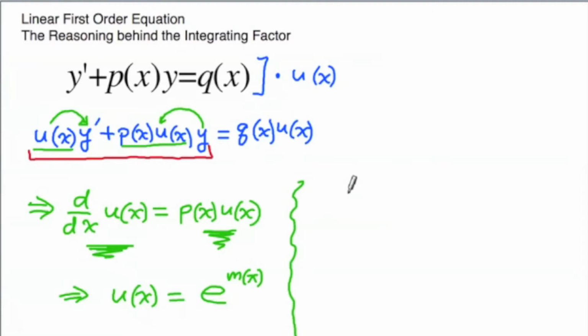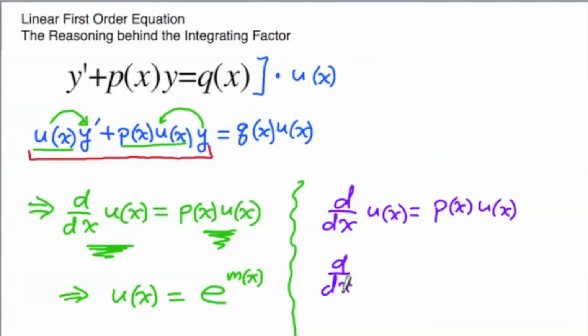And we can set up that the derivative with respect to x of my function u of x is going to equal p of x, u of x. But I've already said that u of x is this e to the m x, so the derivative with respect to x of e to the m x is equal to p of x e to the m x.